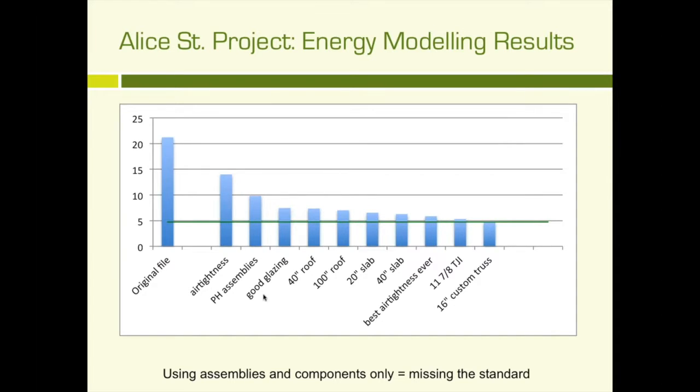And then all those incremental changes of just trying crazy things, like 40 inches of insulation in the roof, made almost no difference. 100 inches of insulation, no difference. 20 inches under the slab, 40 inches under the slab, best airtight ever. I'm not sure what Mike used for that. And then thickening the walls, having about an 18-inch thick wall, and then going up to a 23-inch wall.